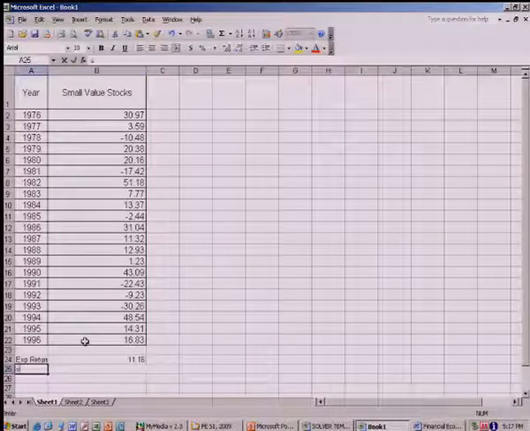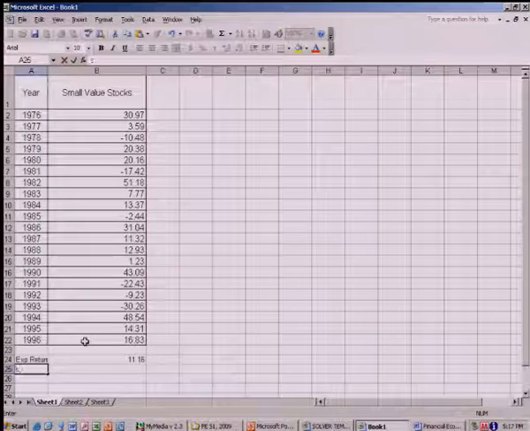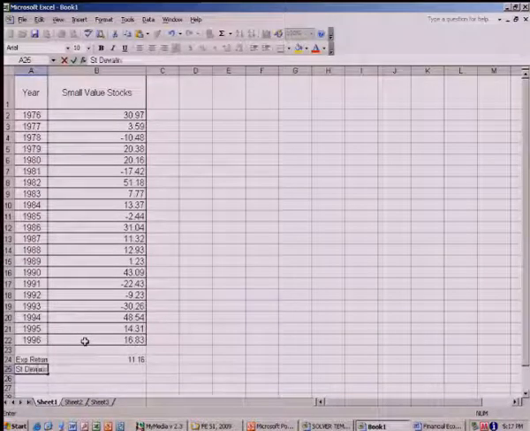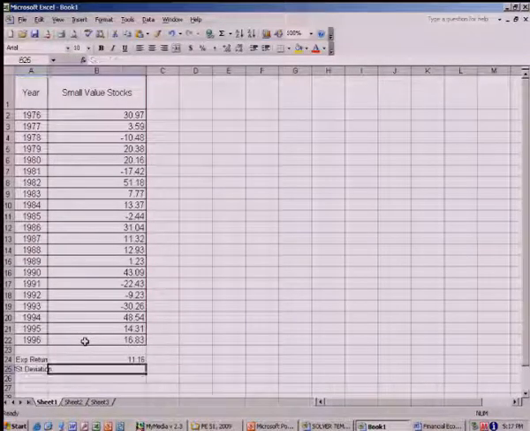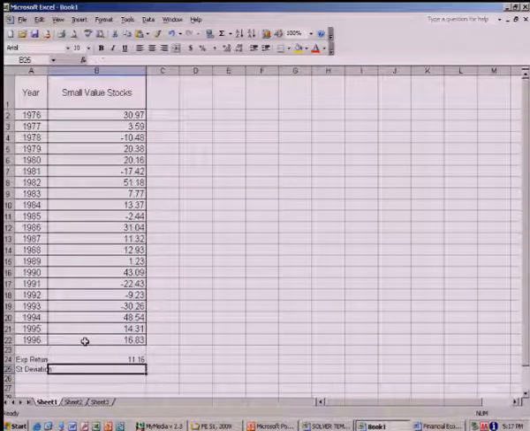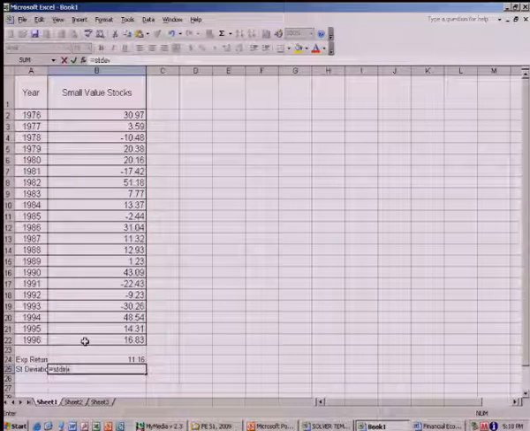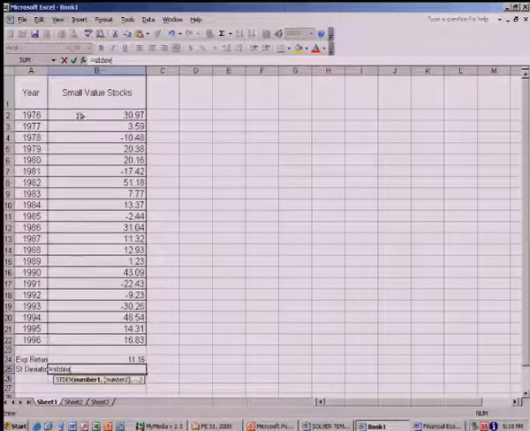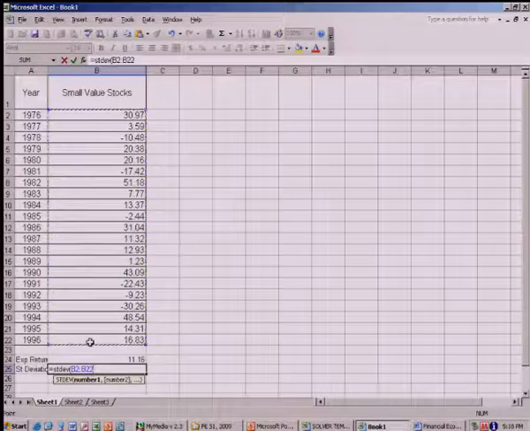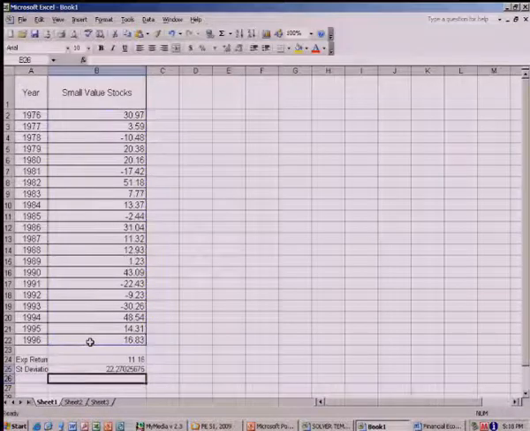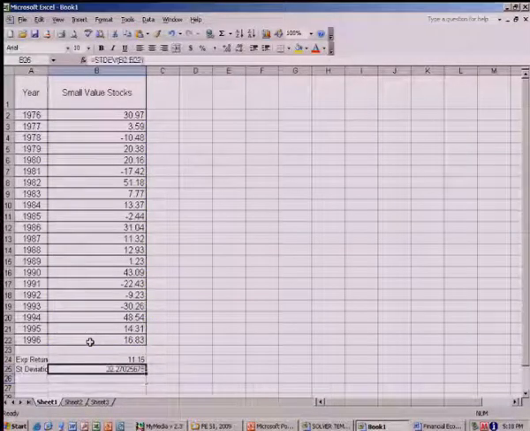The next thing you will need to do is find the standard deviation for this asset's returns. So all you have to do is type in the equal sign and type in STDEV. Open the brackets and select the data, then close the brackets and just enter, and it will give you the standard deviation.